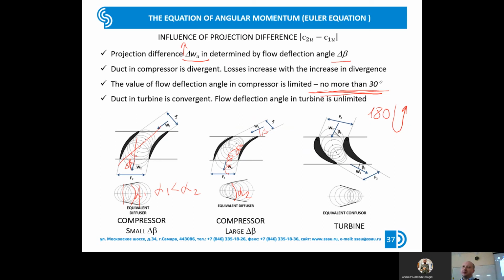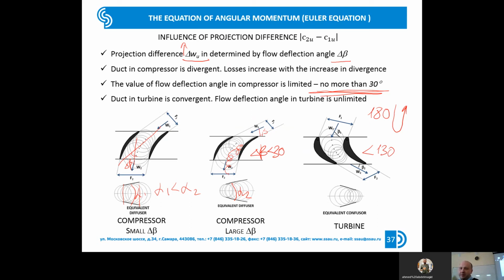It looks strange. And also 360. Yes, of course, but some angles couldn't be realized in real practice. That's why here the angle delta beta is less than 30 degrees, while in the turbine we could realize an angle of 130 degrees.